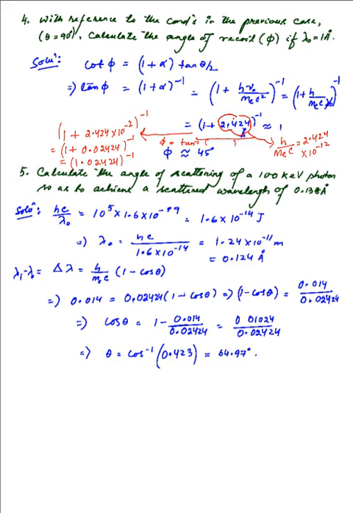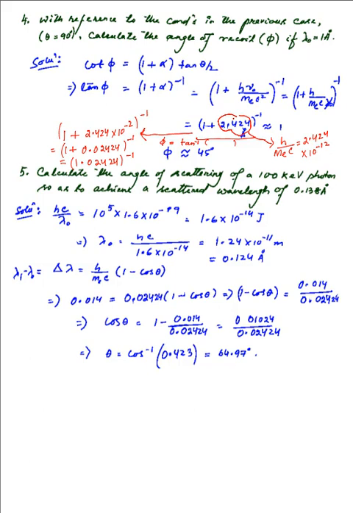Now first of all, we have to obtain the incident wavelength from that, so that it gets easier. If you notice from the energy that has been provided, that is 100 kilo, 100 kilo means 10 to the power 5, and it's an electron volt, so it's better to convert it in joules.